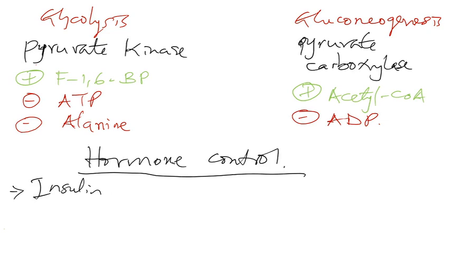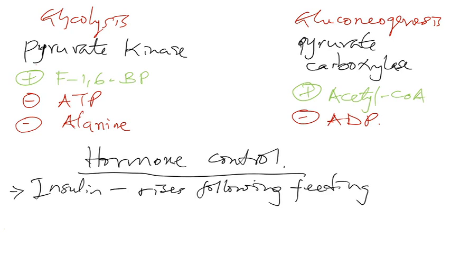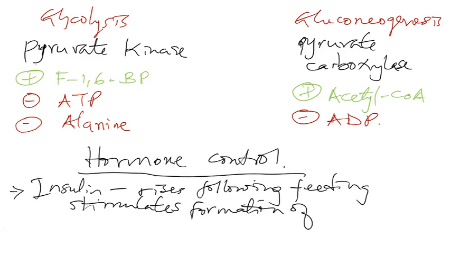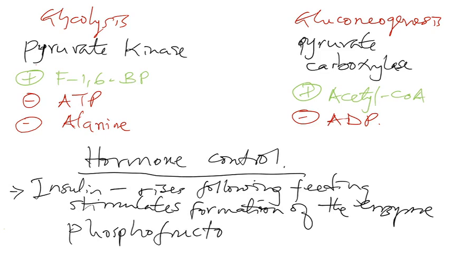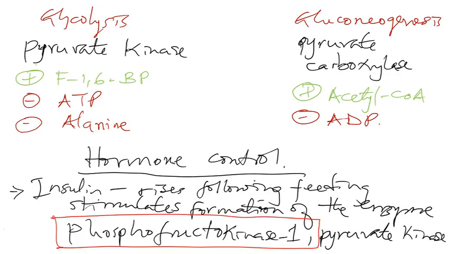Insulin rises following feeding and stimulates formation of the enzyme phosphofructokinase and also pyruvate kinase, meaning that insulin activates glycolysis, or rather, it favors glycolysis.